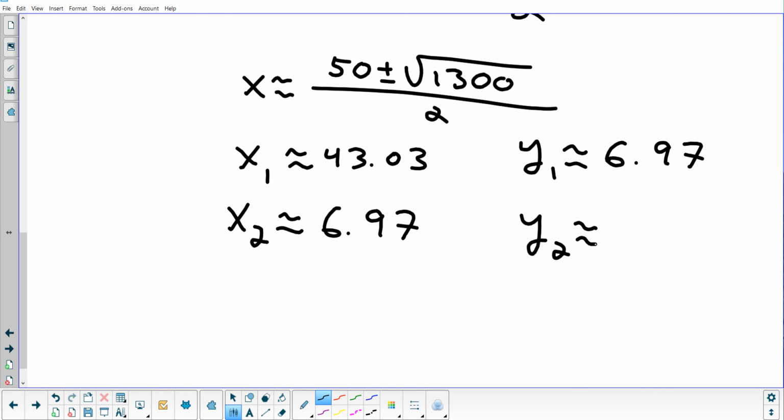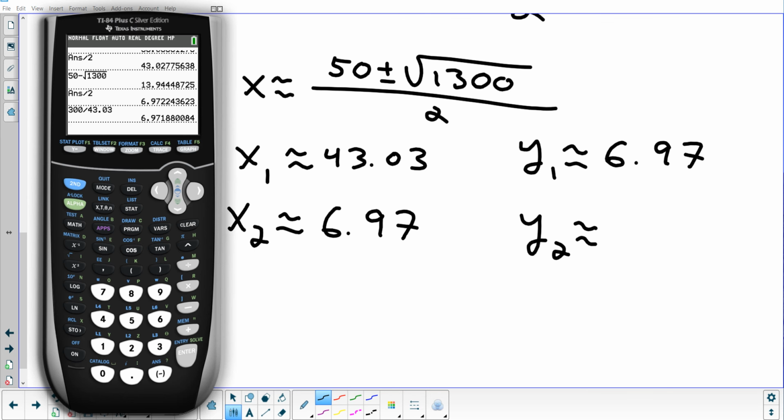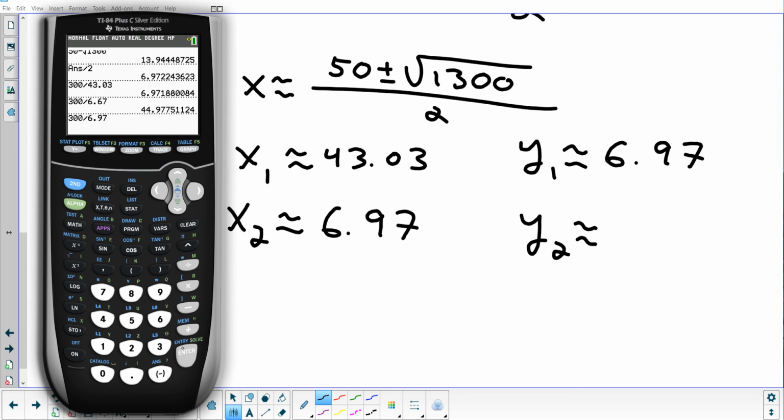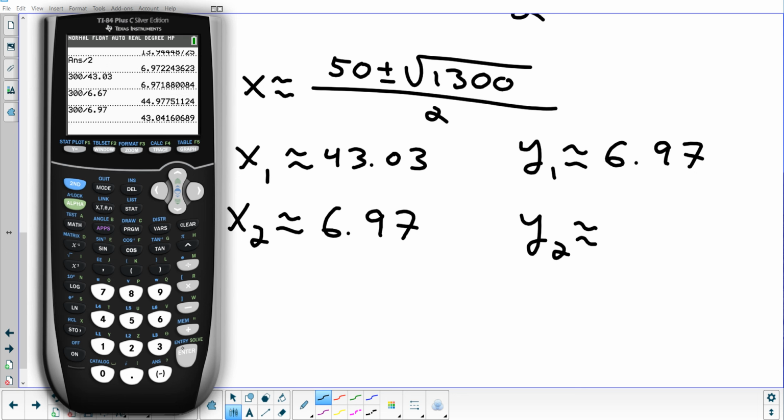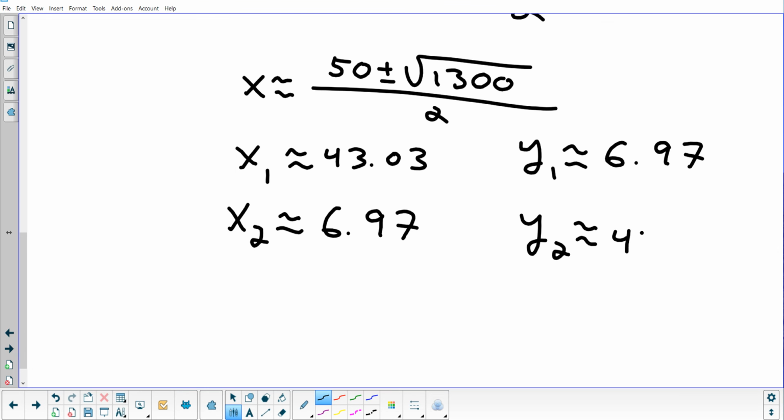Anyone have a guess what y2 is going to be? 43.03. Let's take 300 divided by 6.97. 43 point, basically 0. It's because of rounding.